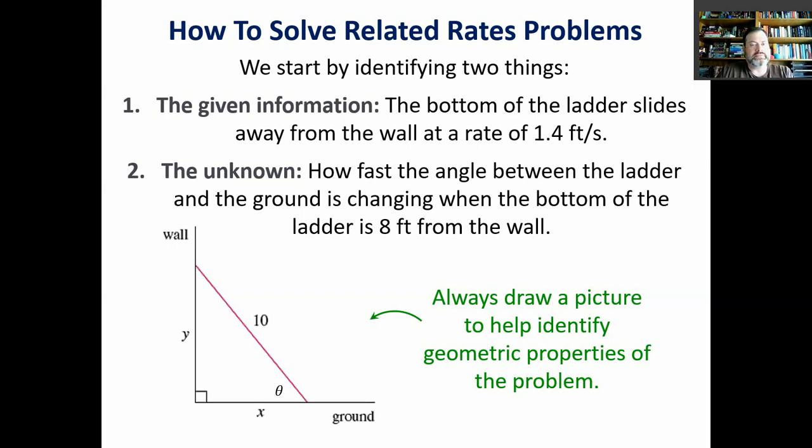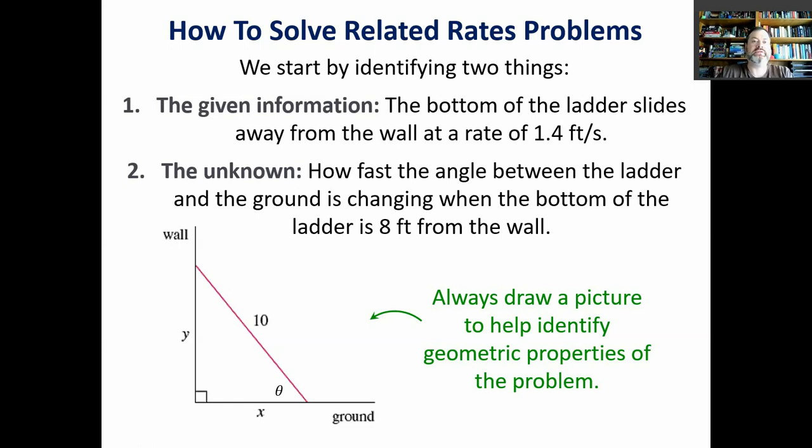Once you do that, you have to write everything in terms of derivatives. So if it says the bottom of the ladder slides away from the wall at 1.4 feet per second, look at the picture and think what is the physical quantity described in that statement that has to do with the derivative. Well, notice we have feet per second.